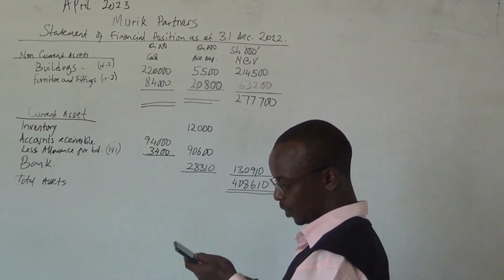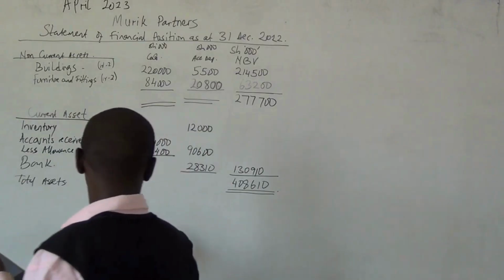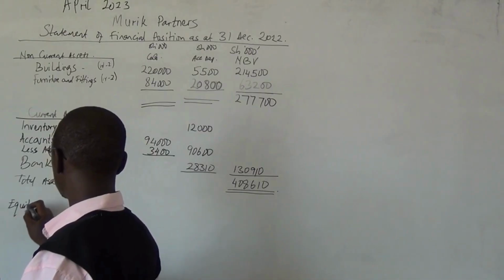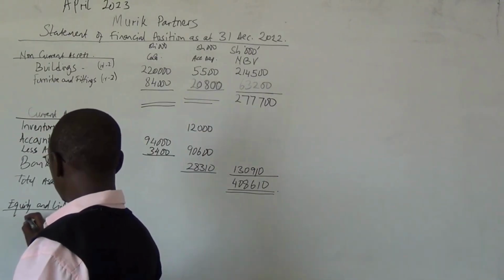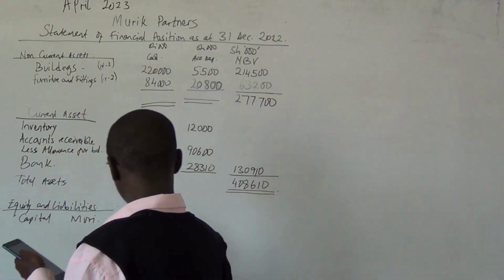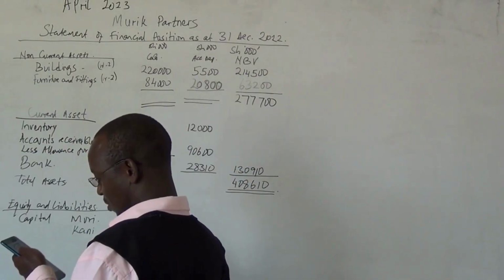Then you go to the other part, equity and liabilities. We have capital, Muri 90,000, Kami 80,000.